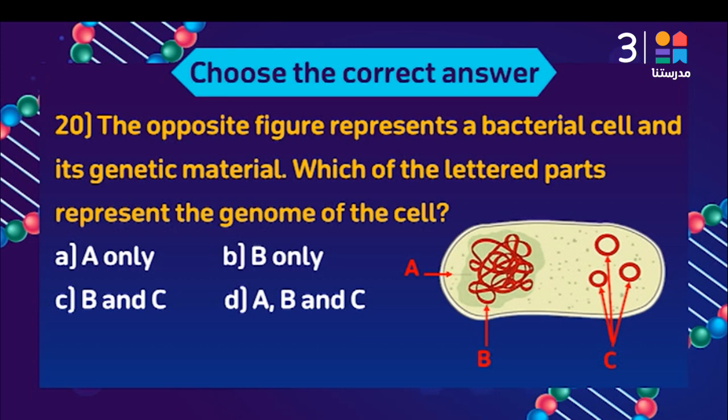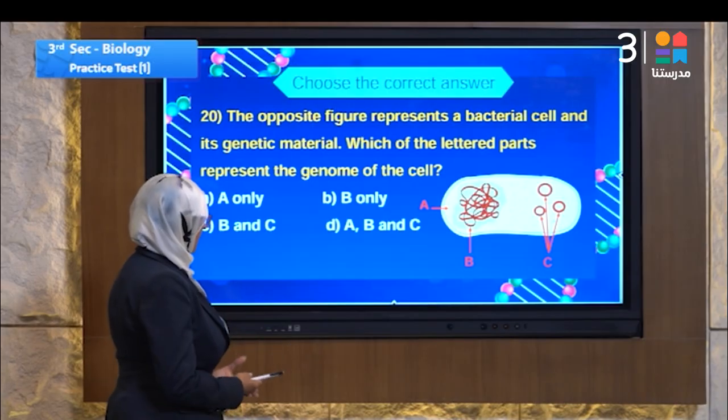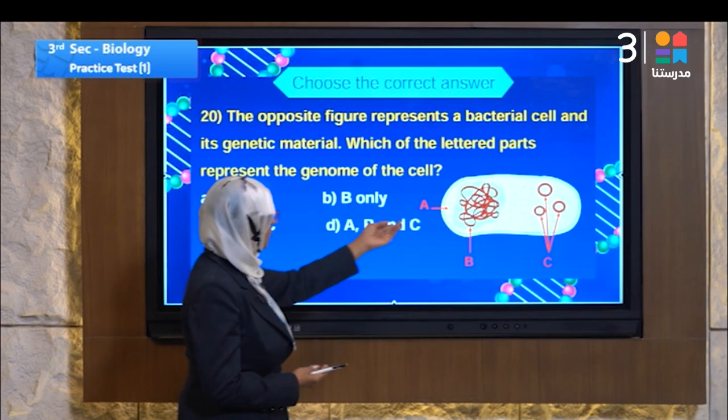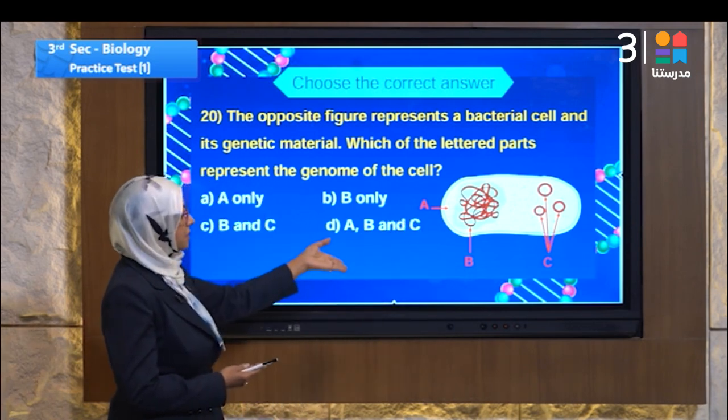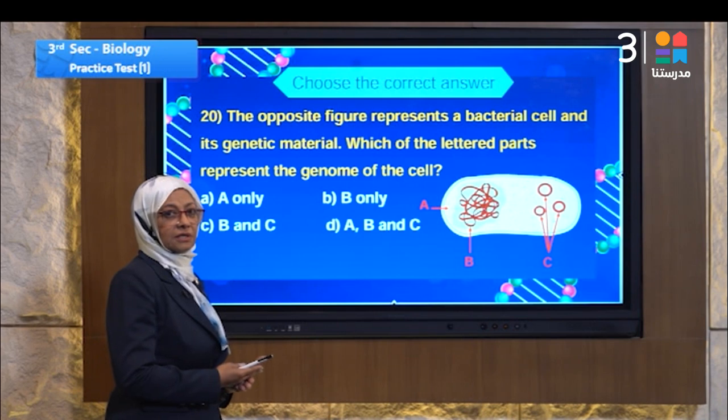So let's read the question again. The opposite figure represents a bacterial cell and the genetic material. Which of the labeled parts represents the genome of this cell? The genome of this cell must be A or B or C. A is found in the cytoplasm. B and C are labeled as two types of DNA.